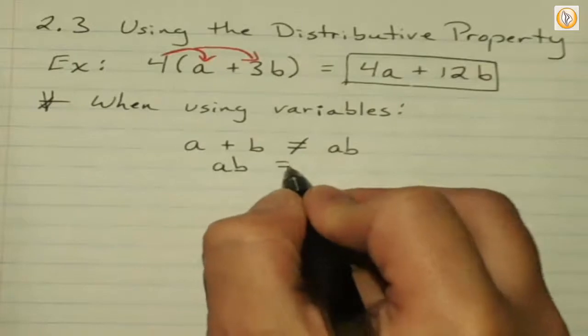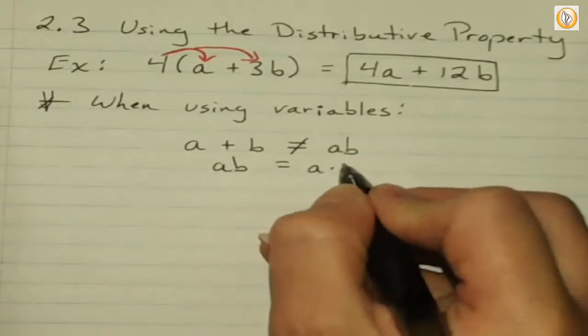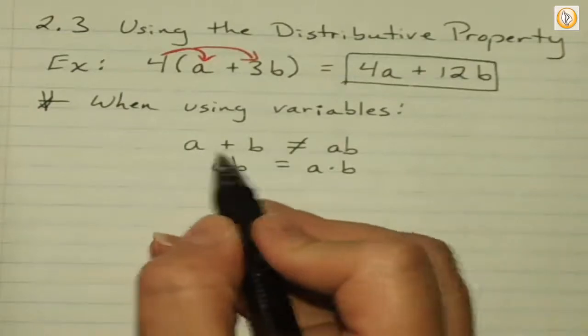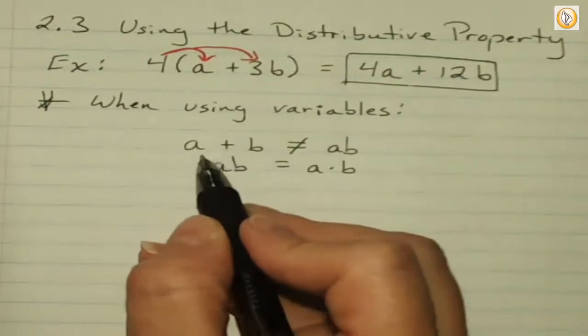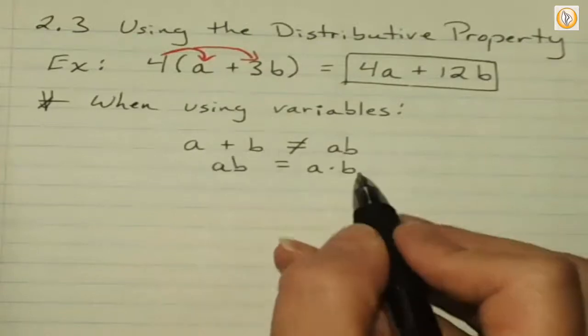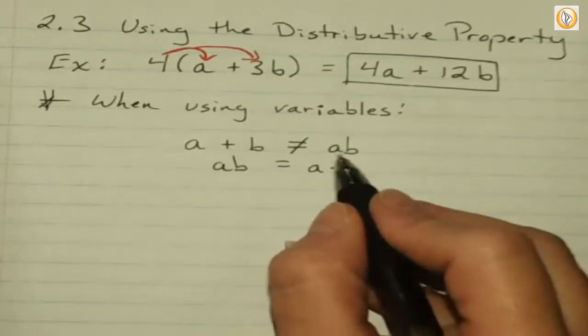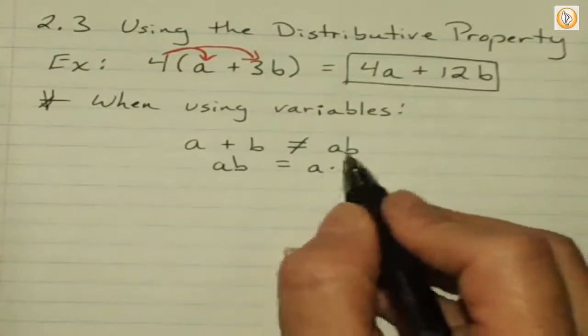AB definitely means A times B, right? So we can't combine unlike terms, and we don't say, well, A plus B gives me AB. That's a common mistake. You got to remember this means A times B when they're right next to each other.